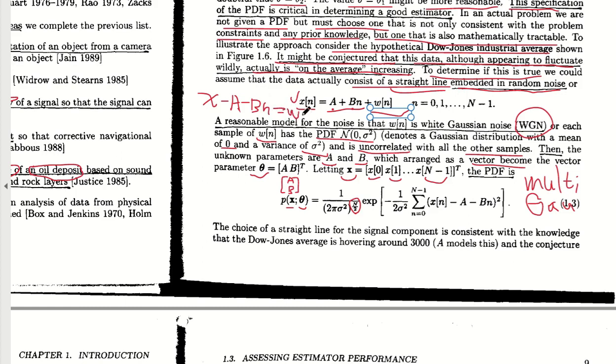If it's equal to w[n] and this is Gaussian, we can write it out as a Gaussian distribution with mean 0 and sigma squared. So this whole thing goes to here, because it's the Gaussian variable. Of course, the randomness comes from x, and this is the parameter.